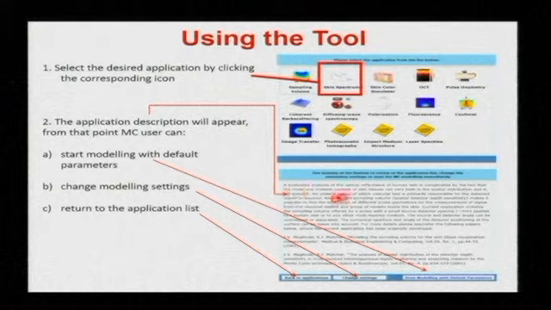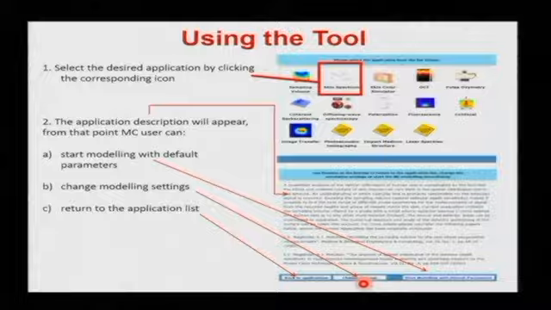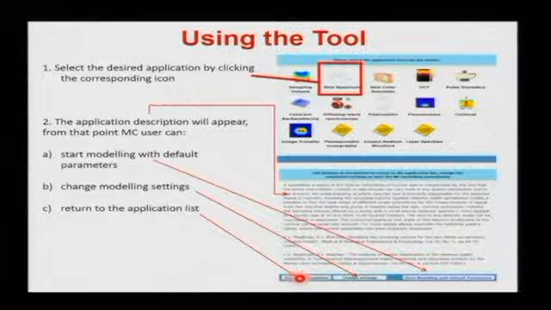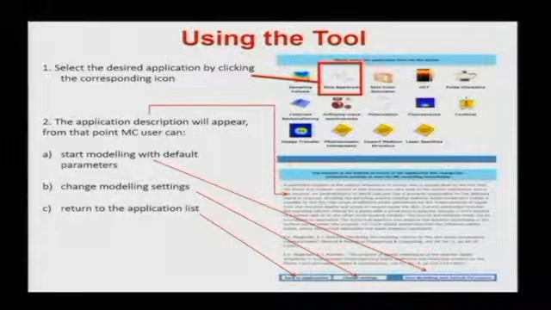For example, here the skin spectrum. Then we suggest a simple tool. So if you want to start simulation using our optical parameters for the skin tissue, you can do that. If you want to change and select your own, associated with particular diseases, you can do that, or you can return and choose another application.